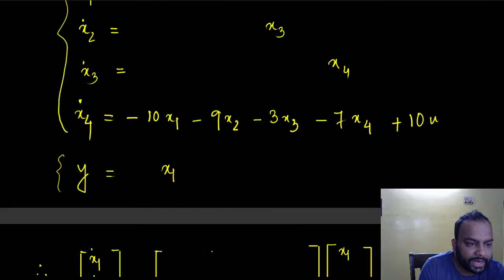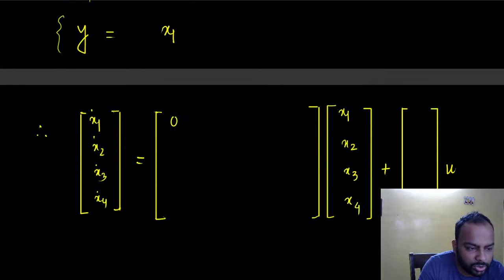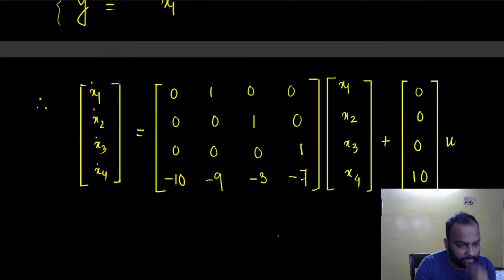Okay, so x1 dot is equal to x2, so that's going to be 0 1 0 0. x2 dot is equal to x3, so that's going to be 0 0 1 0. x3 dot is equal to x4, so this is 0 0 0 1, and x4 dot is minus 10x1 minus 9x2 minus 3x3 minus 7x4, and the input column is 0, 0, 0, and 10.